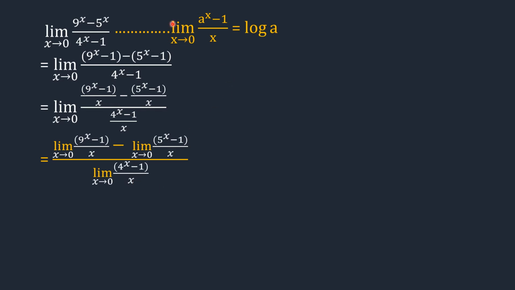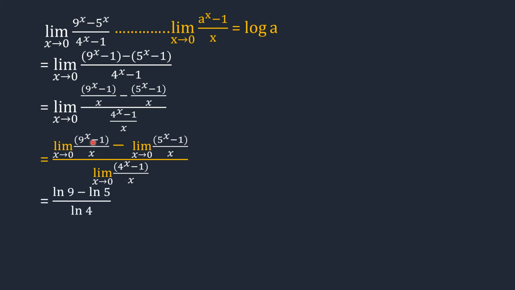Now, according to this formula, the limit of this function will be log 9, limit of this function will be log 5, and limit of this function will be log 4. This we will write in our next step.